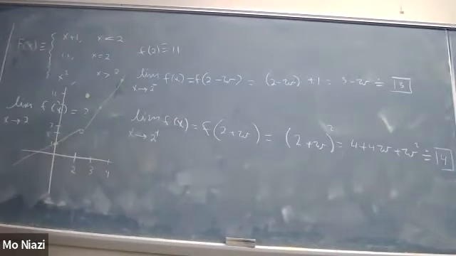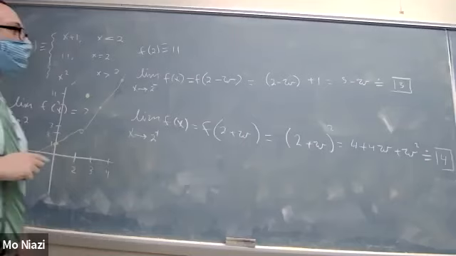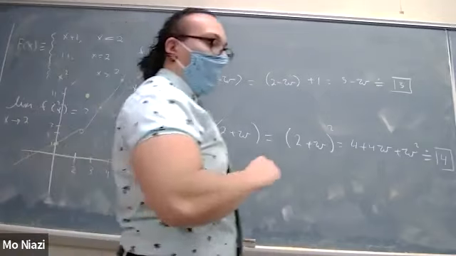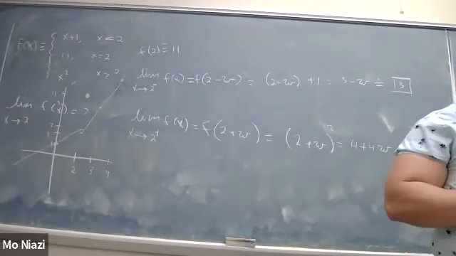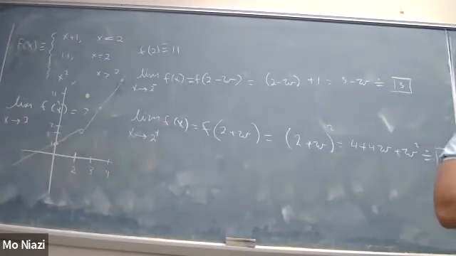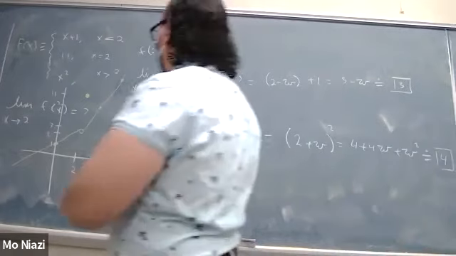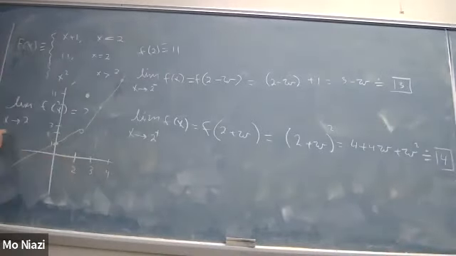So what's going on here? What is the limit as x approaches 2 of f of x? Do the left hand and right hand limits agree?